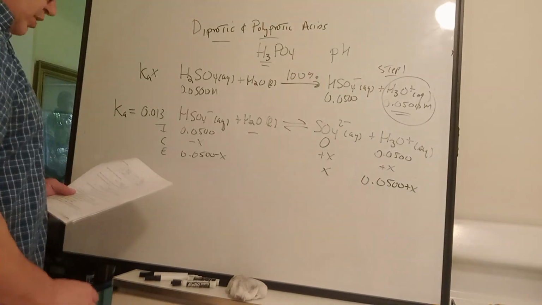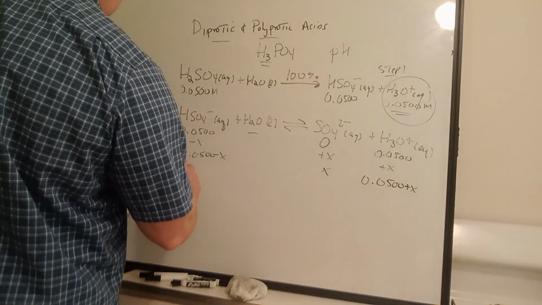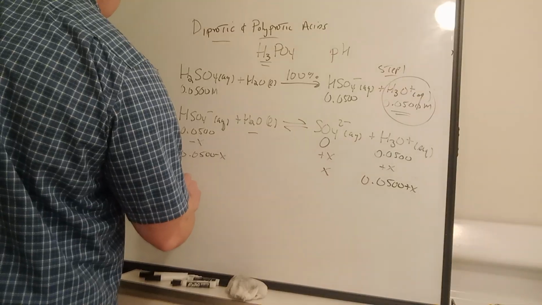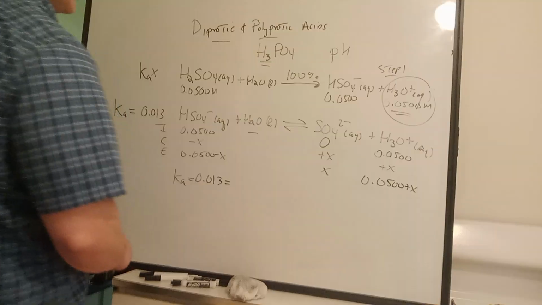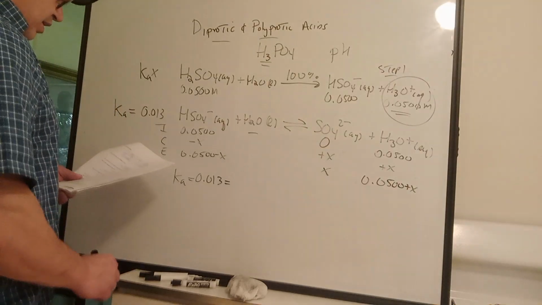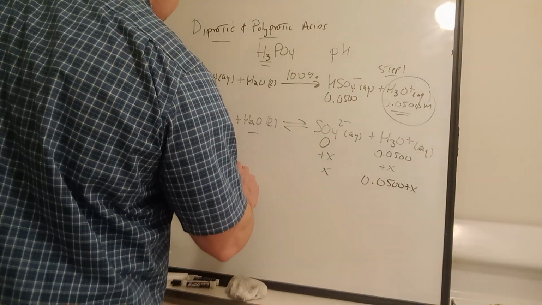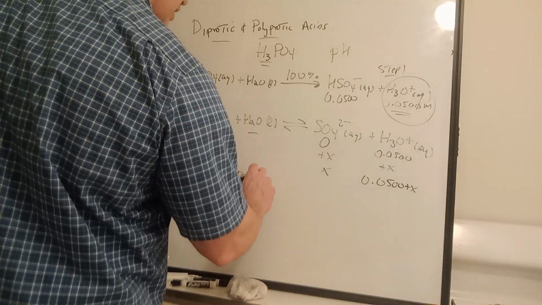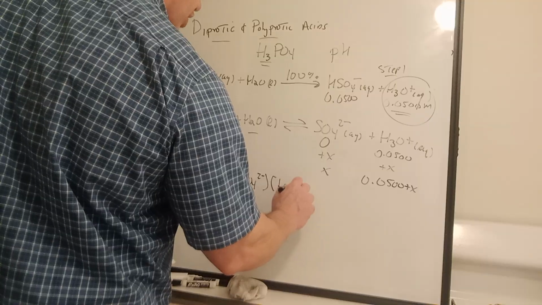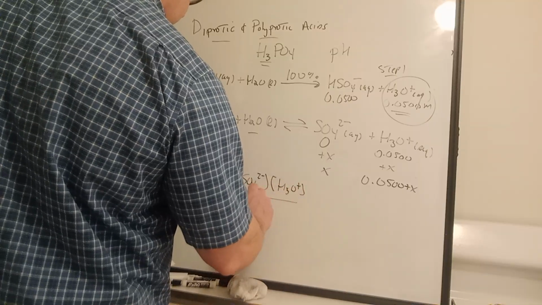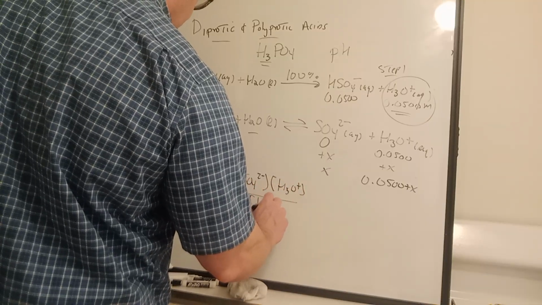So what you do is set this up. Ka is 0.013, and that's equal to products over reactants. It's got the sulfate, it's got H3O+, it's got HSO4 minus.